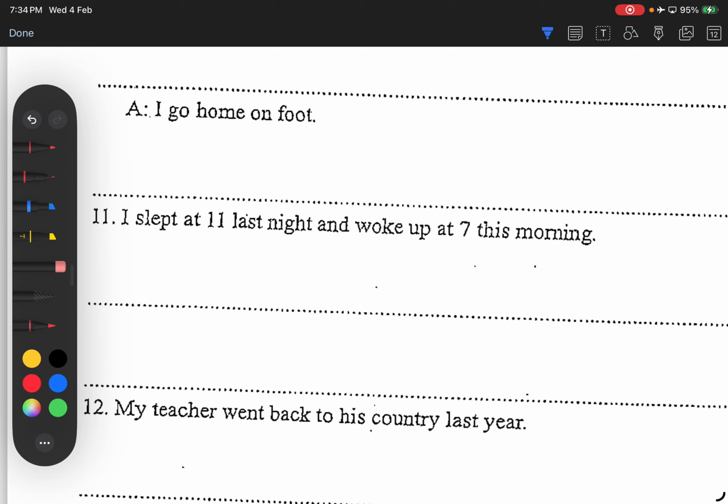So 私は昨日... The sentence structure, we have to say the subject first, right? 私は, then the next one is the time. For you, you mention the time before the subject. Okay, so 私は昨日の晩11時に寝ました.